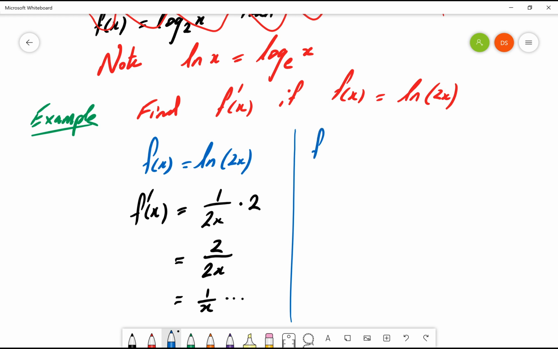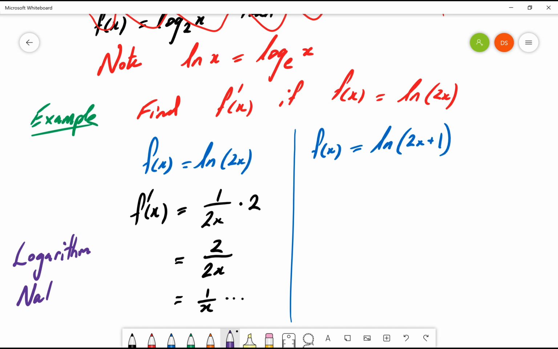Suppose f of x was equal to ln of 2x plus 1. Right? Nothing too different there. It's just ln stands for logarithm with a natural base.